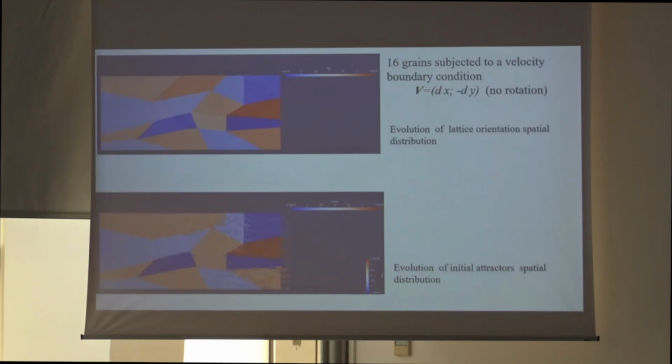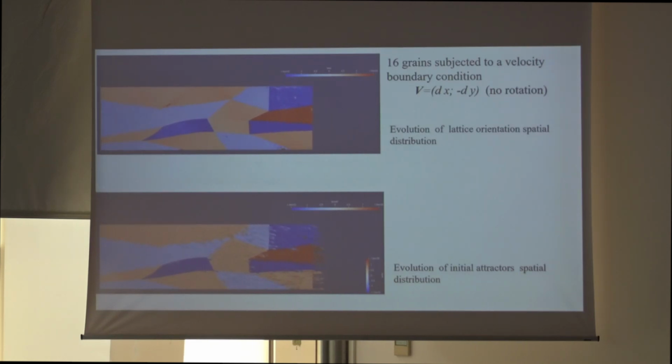What you can see here is 16 grains subjected to a velocity boundary condition, which is related to a fixed velocity gradient, but we can impose that only on the boundary.